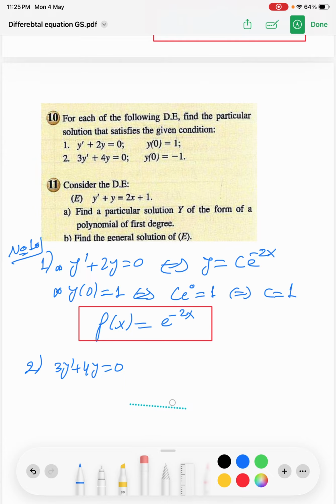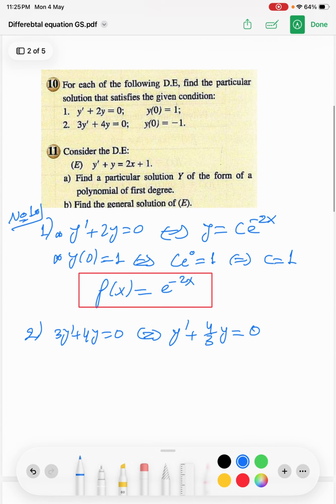What you have to do is divide everything by 3. Dividing by 3, we get y prime plus 4 over 3 y equals 0 over 3, which is 0. Now it's in the form y prime plus ay equal to 0. The general solution is y equals c exponential of minus 4 over 3 x.